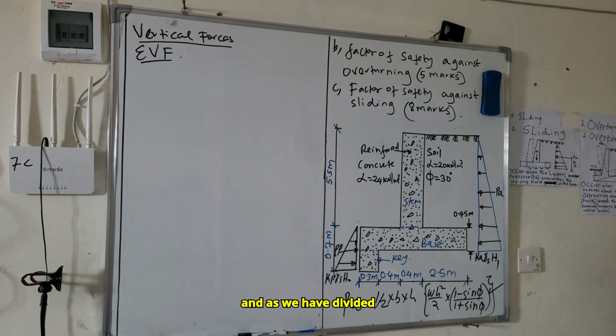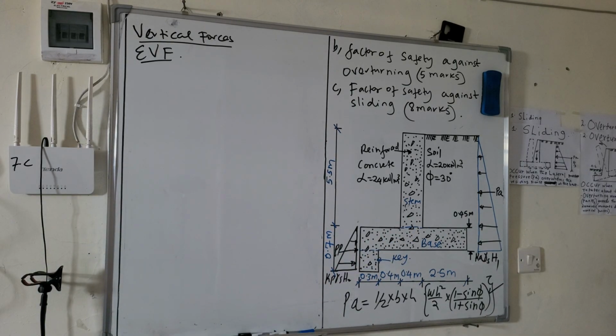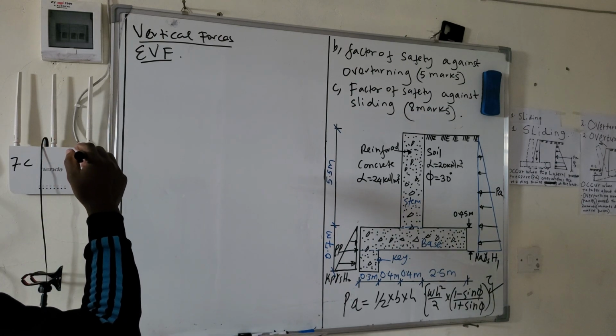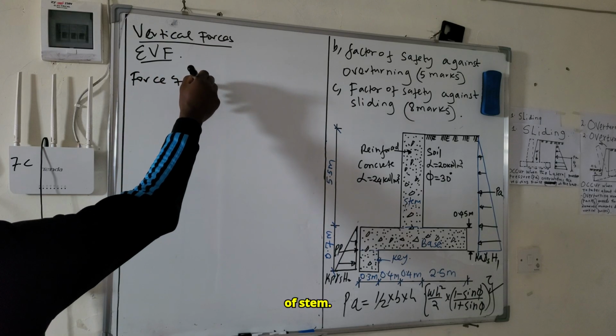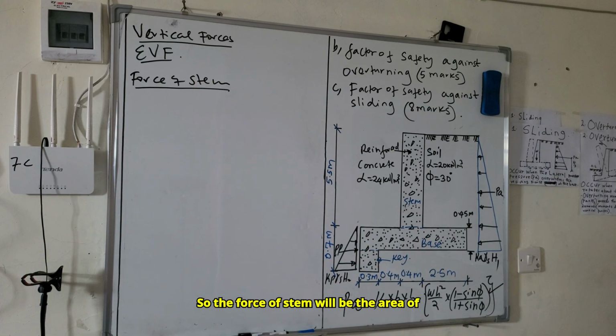And as we have divided this retaining wall into 3 parts, we'll first calculate the force of the stem. So the force of the stem will be the area of this stem times the unit weight of concrete, which is 24 kilonewton per meter cubic.